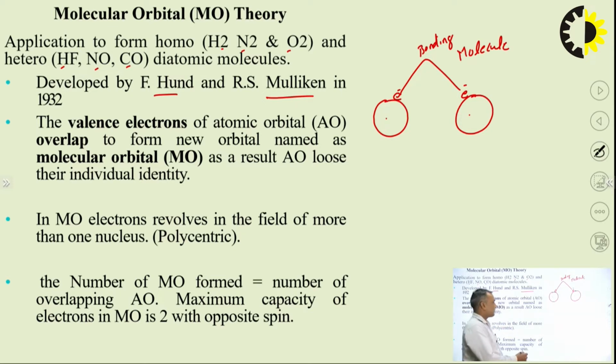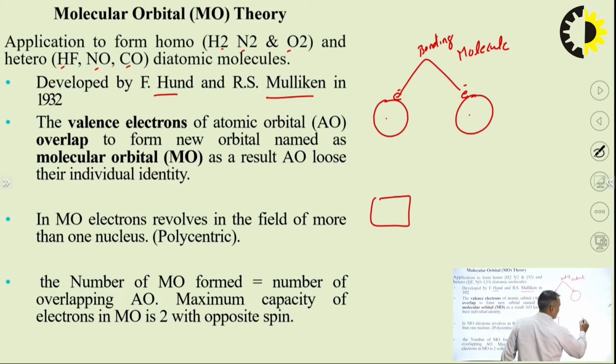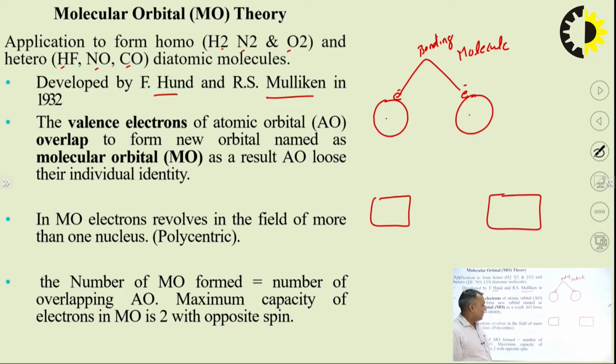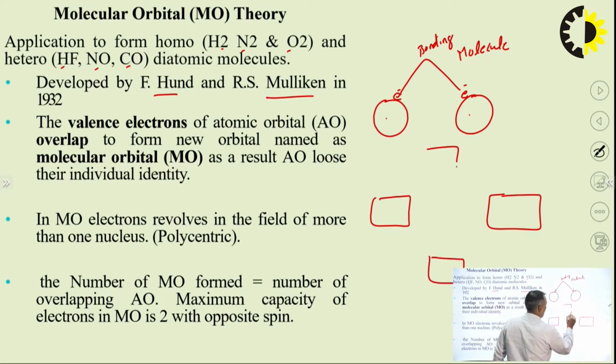So if this is one energy level of one atom, and this is one energy level of another atom, when they combine, they will form a new energy level which is named molecular orbitals.